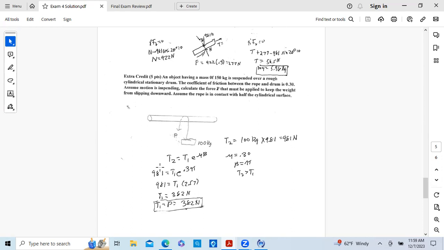And so we just put this in this simple equation. T2 is 981, equal to T1 e to the 0.3 pi power. So 981 is equal to T1 times, and this over here ends up being 2.57. And so T1 is equal to 382 newtons, and that's equal to P. So P is equal to 382 newtons.